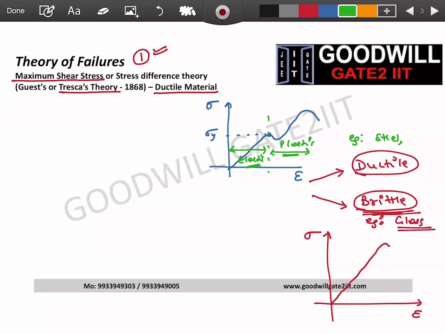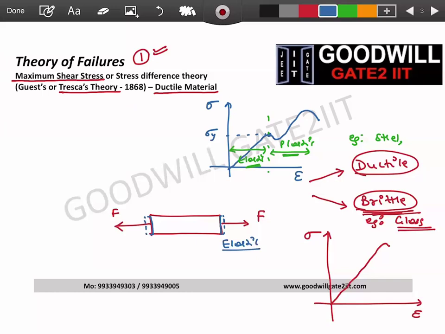I'll give you a simple example. If you have a bar and you apply some load to it, this bar will elongate. Correct? It elongates to a certain extent, and then you leave it. When you leave it, it comes back to its initial position. That means this is an elastic zone.